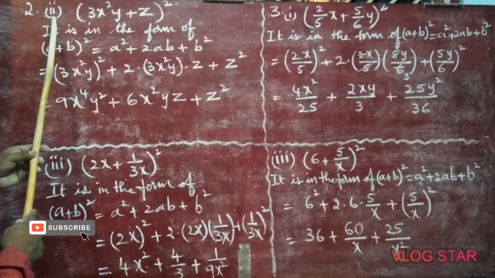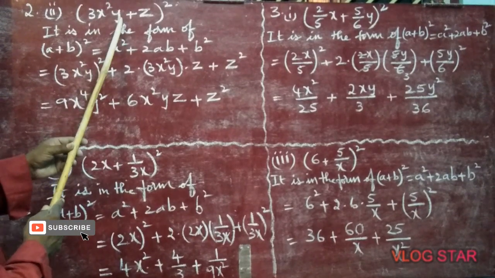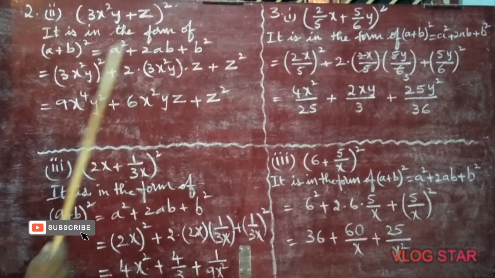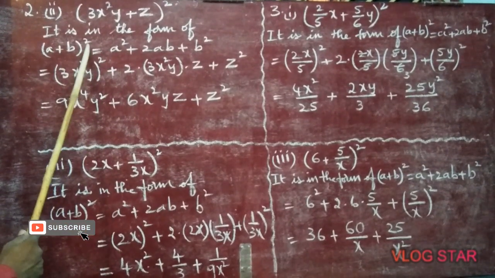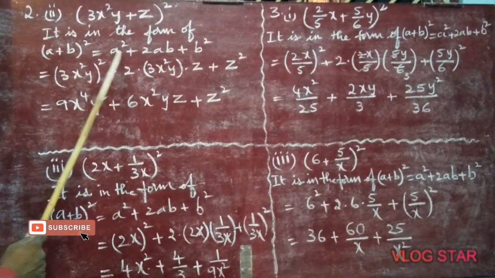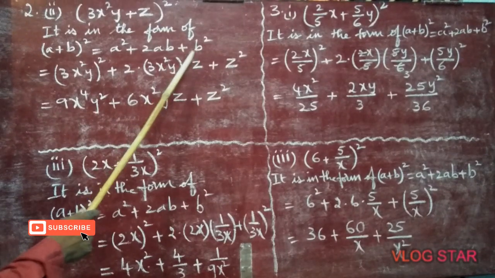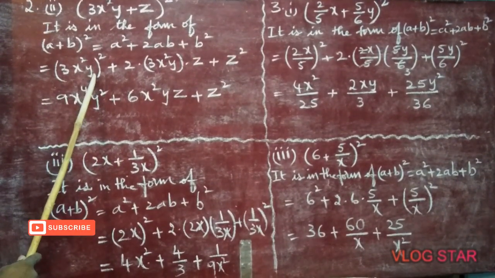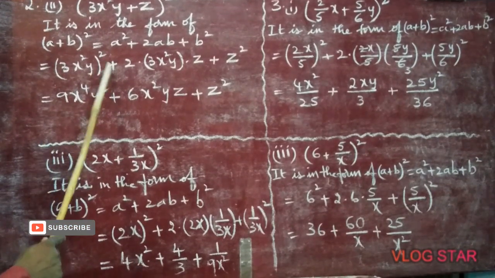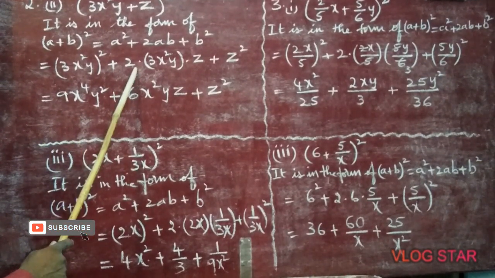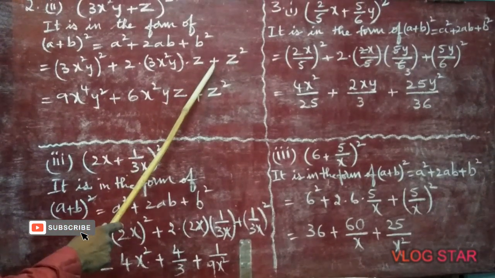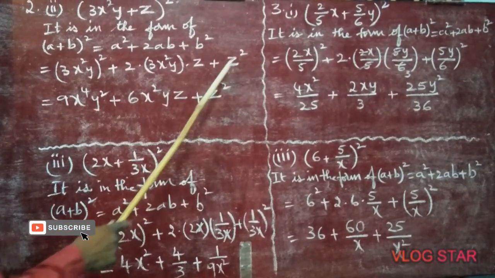Second problem, second bit: (3x square y plus z) whole square. It is in the form of (a + b) whole square is equal to a square plus 2ab plus b square. (3x square y) whole square plus 2 into 3x square y into z plus z square.